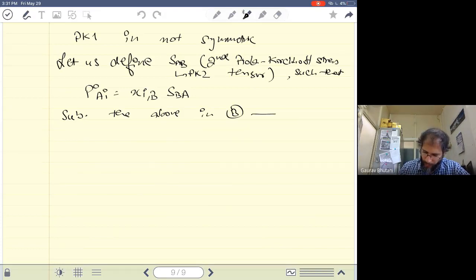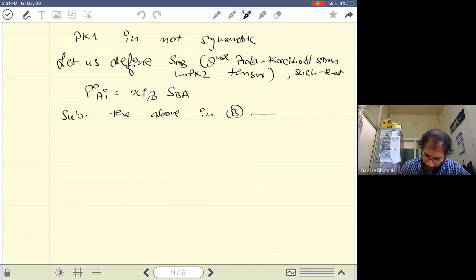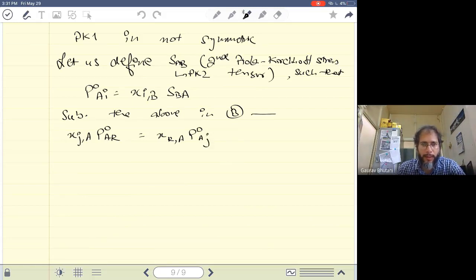Okay, so let's see what B was. B was xj comma a P naught ak equal to xk comma a P naught aj. Right. So when we substitute this definition of P naught ak in terms of S, let's see what we get.